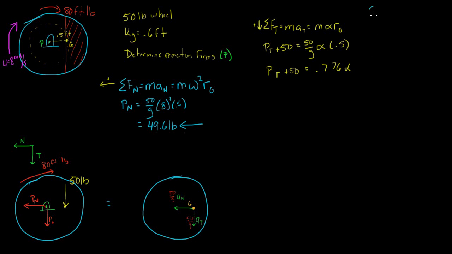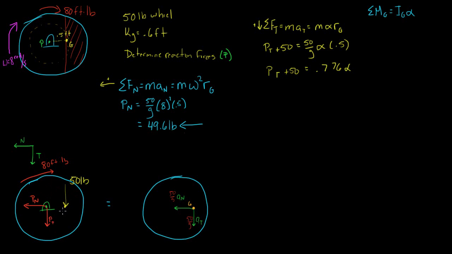Now, normally, I use the sum of my moments about my center of mass is equal to the moment of inertia about my center of mass times the angular acceleration. And we could do this, but what if we take our moment of inertia about this point P right here? If we take this moment of inertia about point P, two of my unknowns are going to go away.